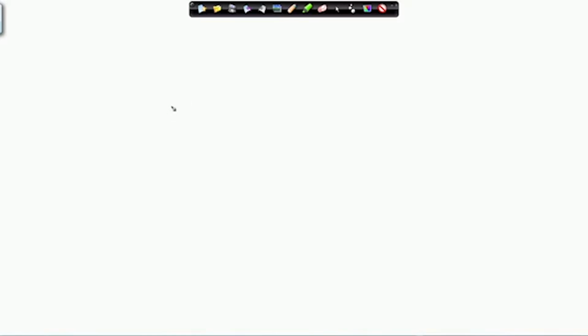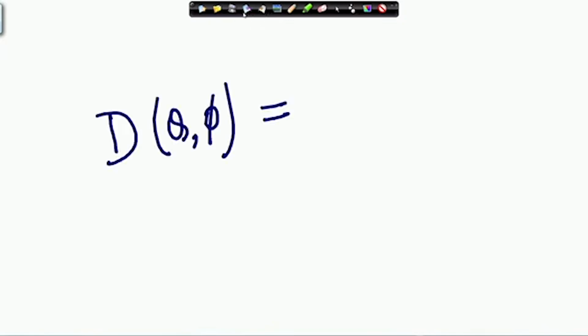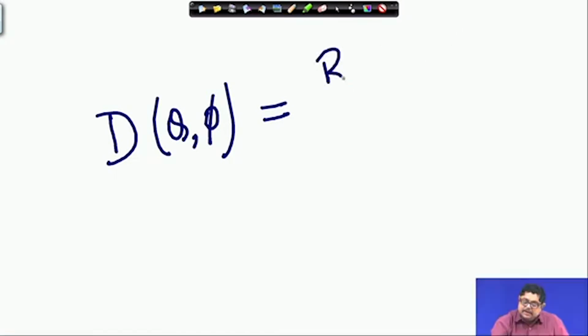So, what is this directivity function? So, I want that what is the radiation intensity at theta phi direction.